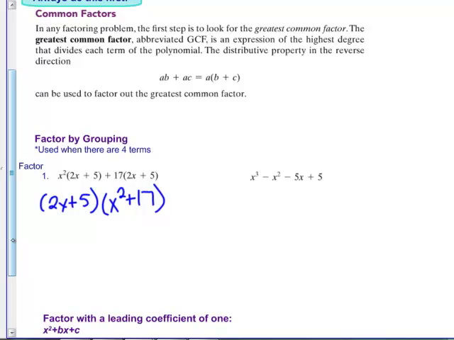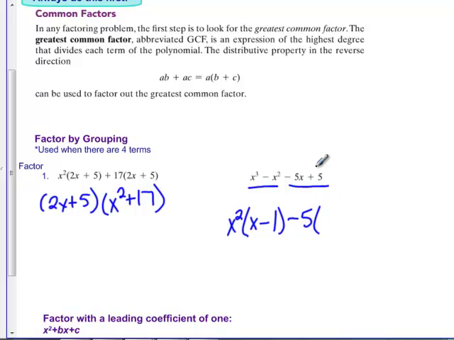Factoring by grouping is whenever you have 4 terms. You're going to look at them 2 at a time. X cubed minus x squared. What's in common with those two things? X squared will come out, leaves me with x minus. Perfect. Keep this sign. So minus, we're going to be pulling out a negative. But between 5x and 5, what's in common? Yep, so we're pulling out a negative 5.